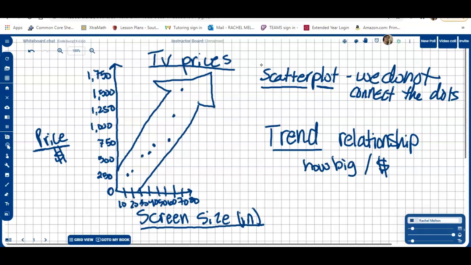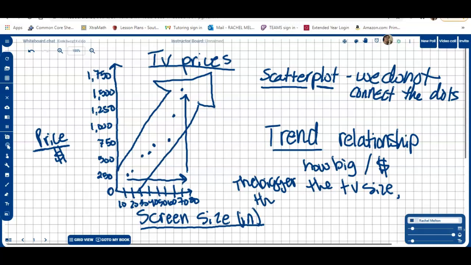What that tells me is the bigger the TV size, the more money it costs. So that's the point of looking at a scatter plot. We are looking to see about this trend. We're looking to see if there's a relationship.